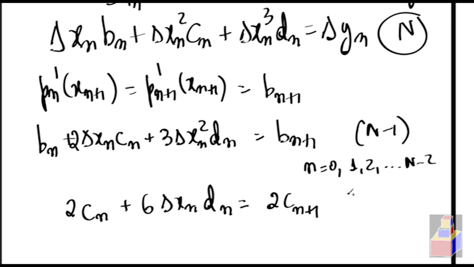So here also we have n minus 1 equations. It's just outlining approximately how it's going to be; you have to work out all these equations by yourself.